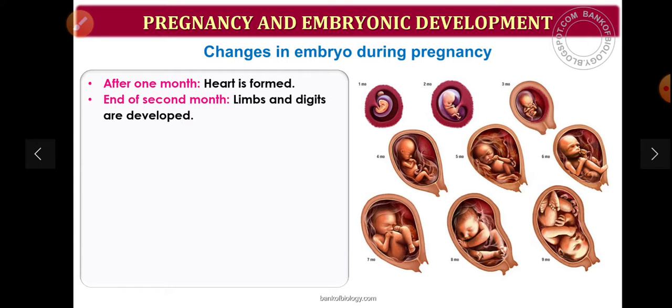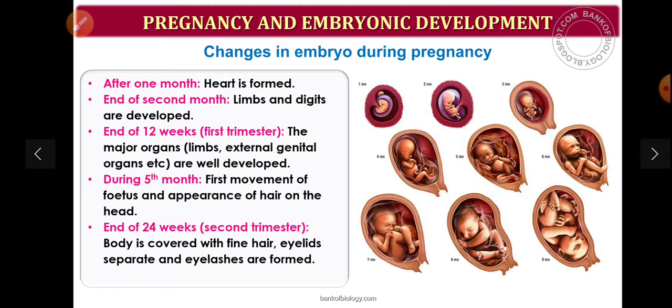Changes in the embryo during pregnancy. After 1 month, the heart is formed. This means that in the very first month, fertilization will occur. The zygote implants itself in the lining of the uterus. Rapid cell division will occur. The embryonic stage lasts from 2 weeks to 8 weeks, with cell differentiation into three distinct layers: the ectoderm, the mesoderm, and the endoderm.